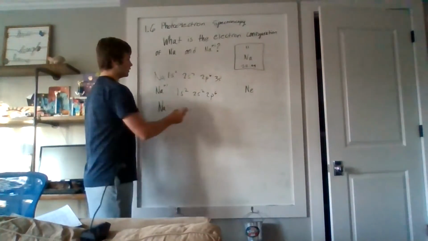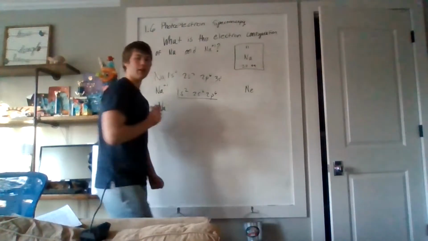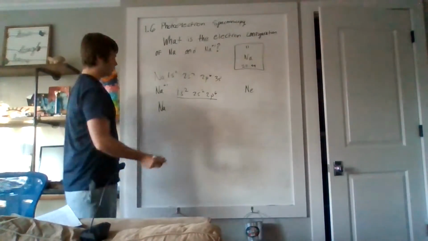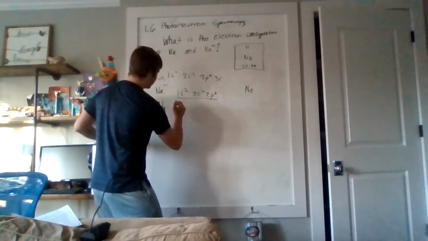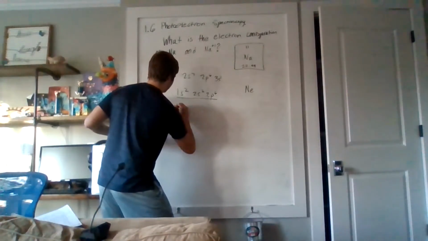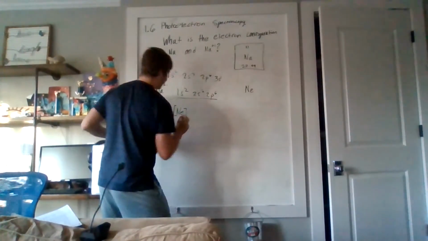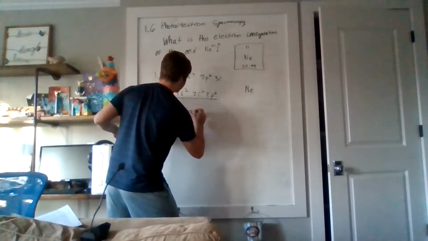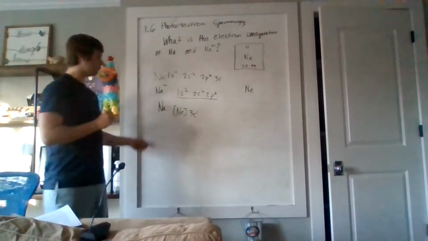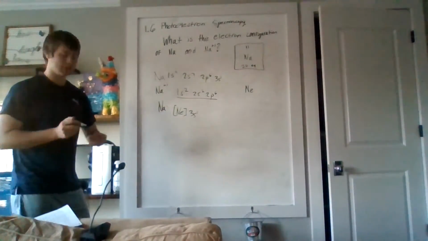So in this case, this is shared with neon. So instead of putting this, we'll put in brackets Ne, and then put 3s1, and that still signifies sodium.